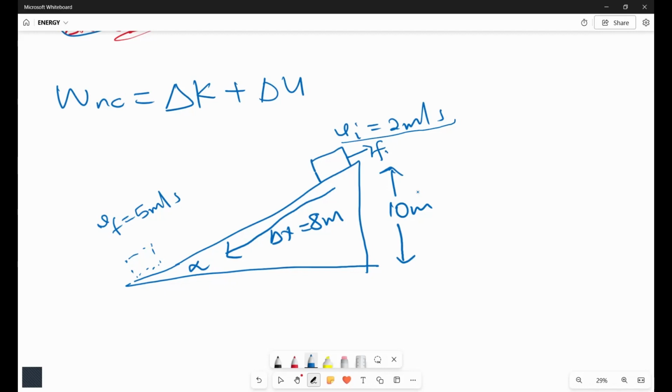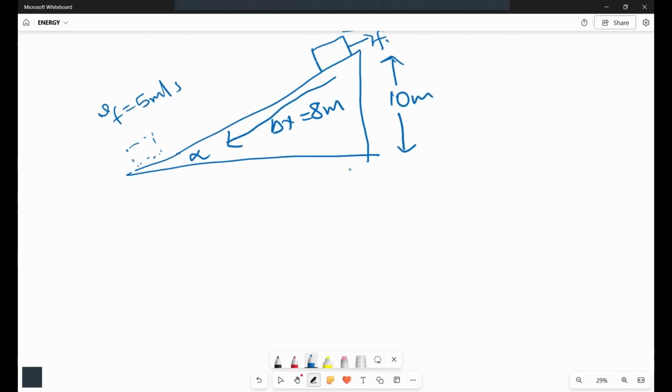Here, I can use this equation that says, all right, I can see there is friction, and I classified friction as a non-conservative force.